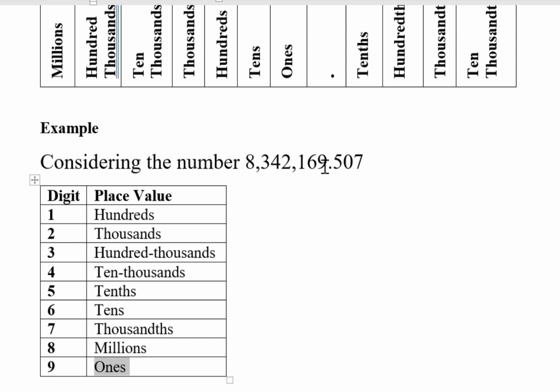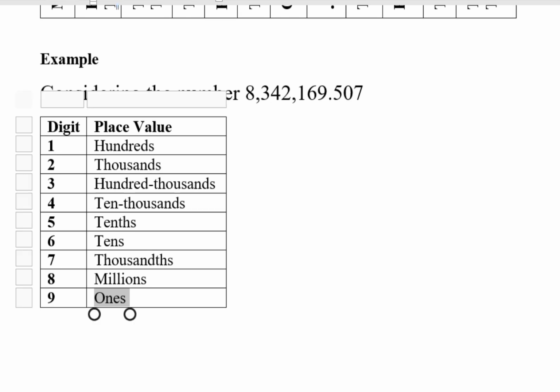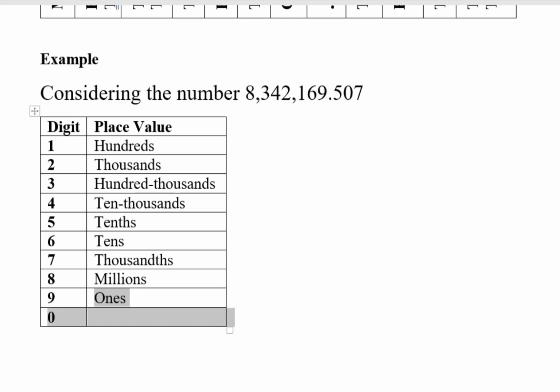So that's how we identify those digits. For 0, you notice that this takes place value of tenths, hundredths. So this will take place value of hundredths. And there it is. So that's how we identify the place values of these digits.